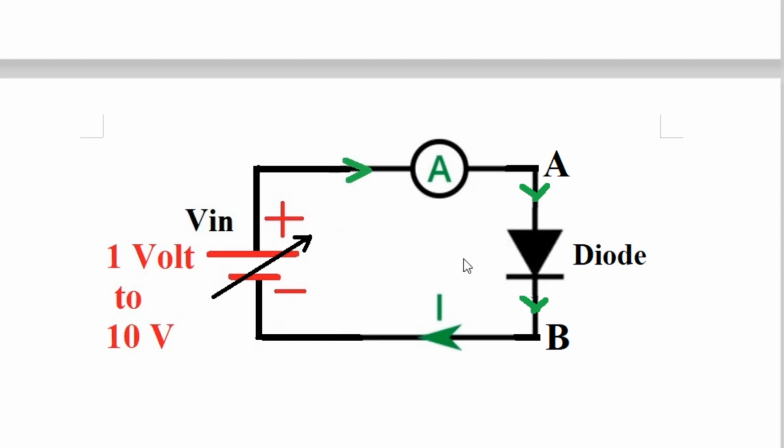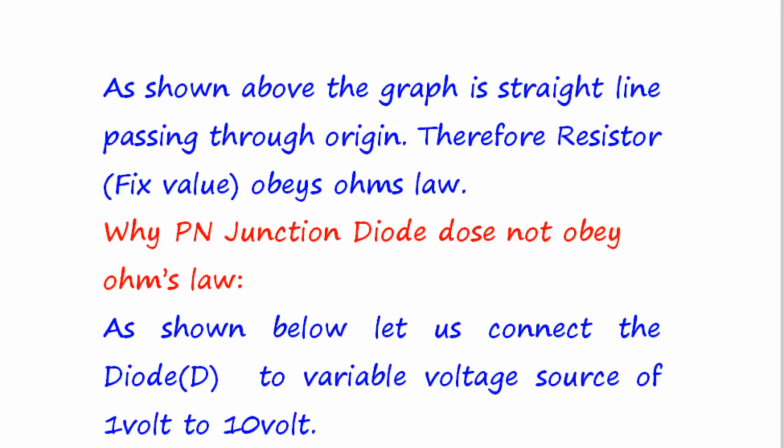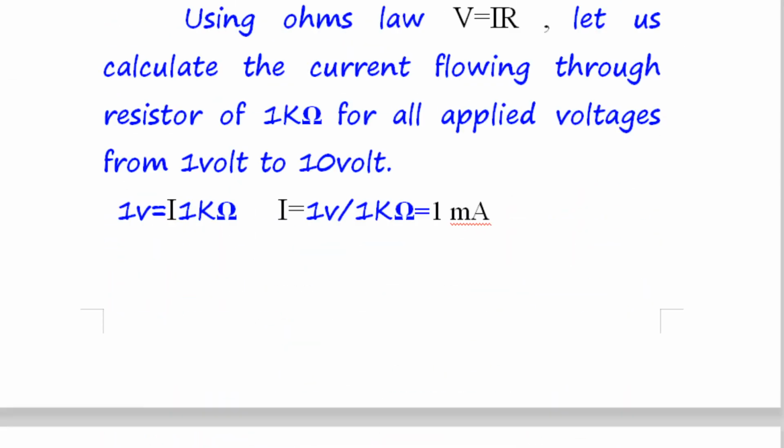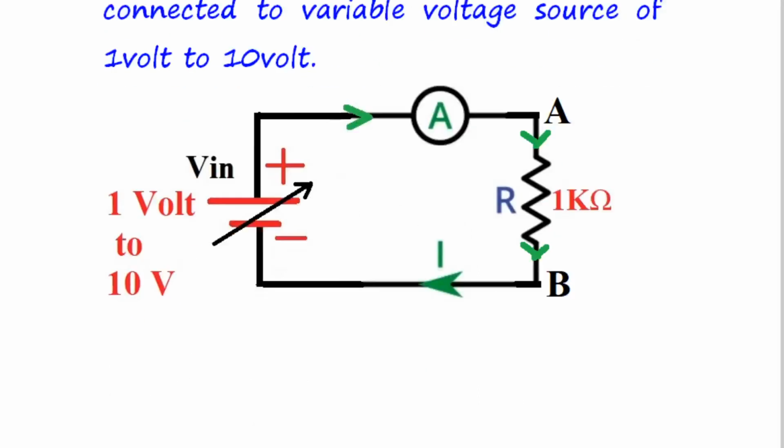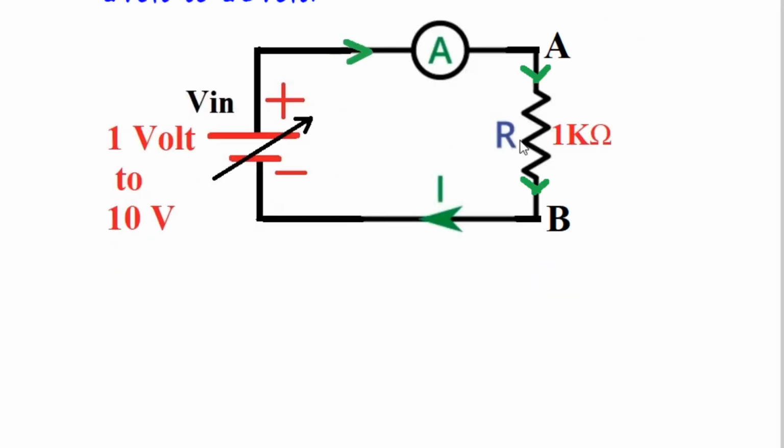But the diode is a semiconductor component and its resistance decreases, whereas in the resistor case, the current for 1 volt to 10 volt also increases, but the value of the resistor is 1 kilo ohm only for all applied voltages, because it is a fixed value two terminal resistor.